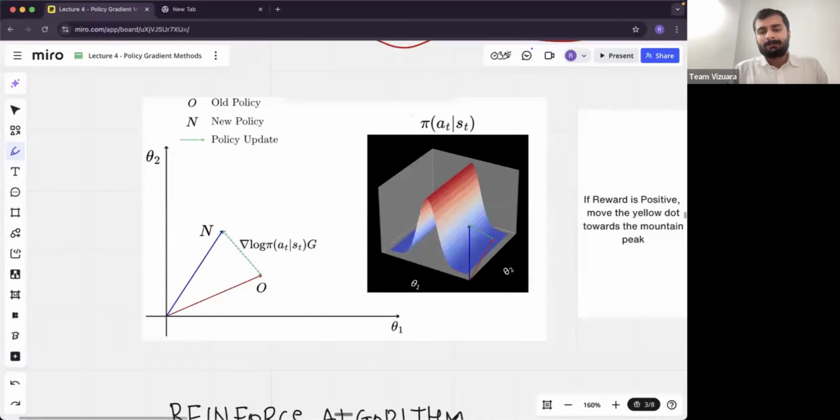And then you take an action AT in the environment from a state ST. And now your policy update direction is given by grad of log pi. So this term, the gradient of log of the policy, is telling you in which direction you should move to get the new policy.